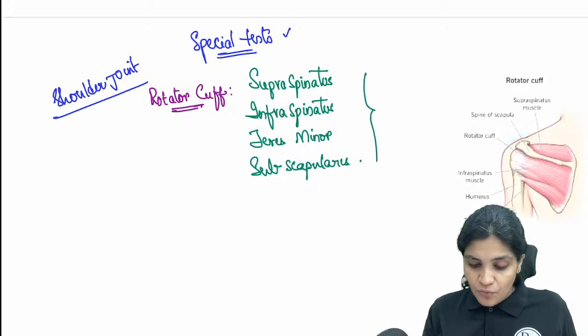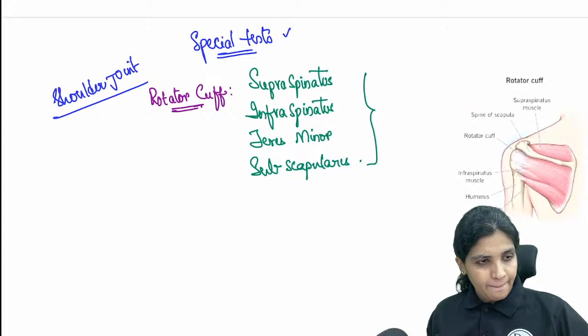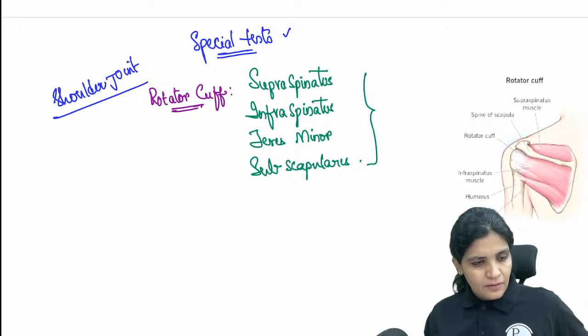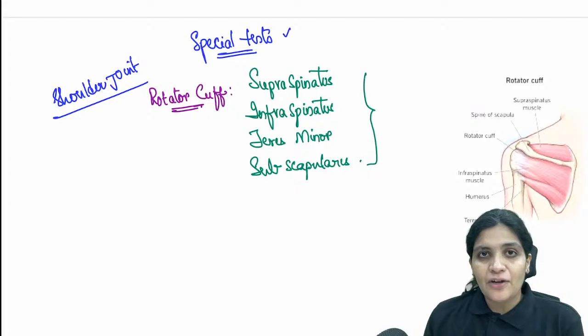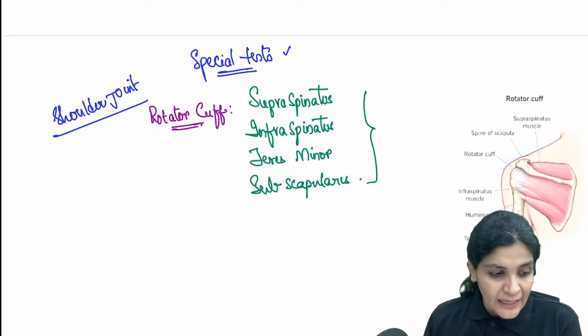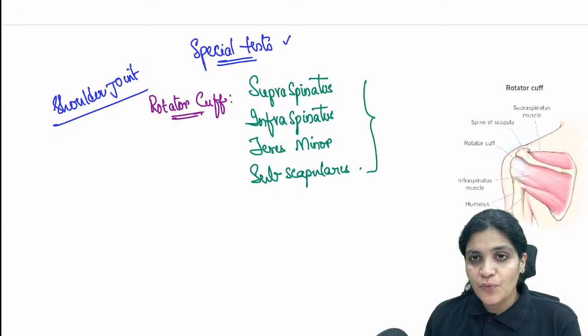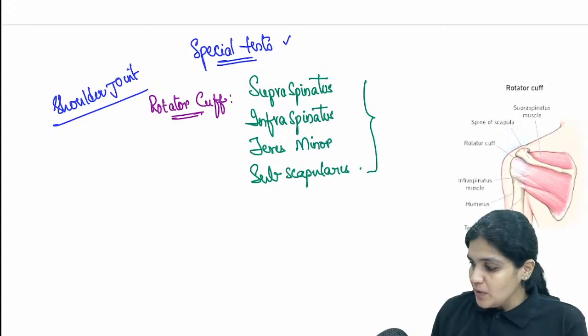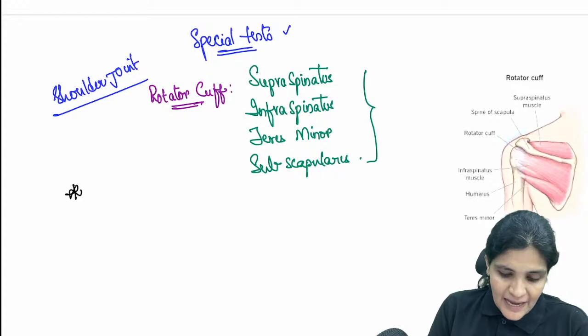So these are the four important rotator cuff muscles, and your shoulder examination will not be complete if you have not finished examining these four rotator cuff muscles. And what are the actions of these muscles?